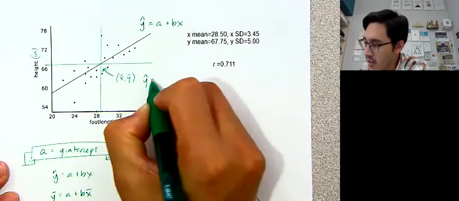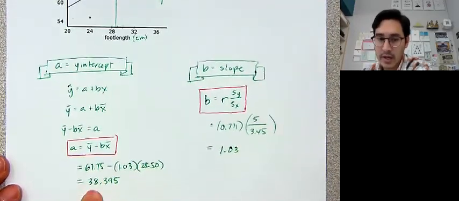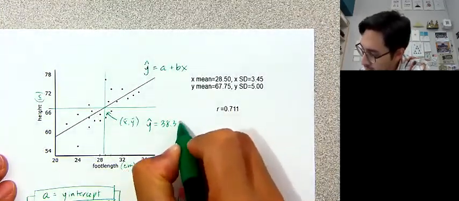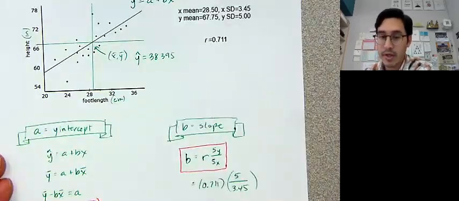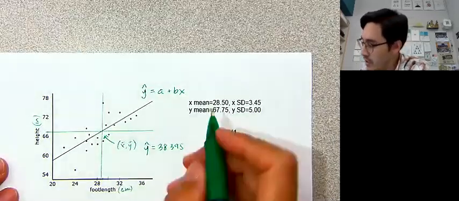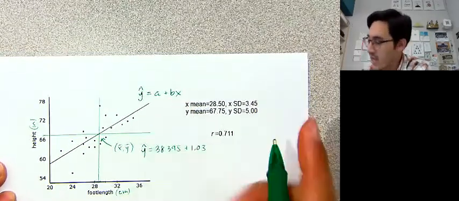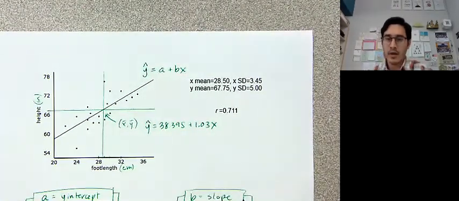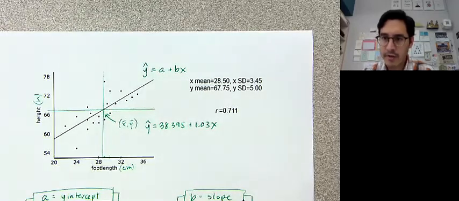So y hat equals a, our y-intercept, just over 38, 38.395, plus b, so that's going to be plus 1.03 times x. Okay. So we could leave it this way, right? Just using generic variables x and y.